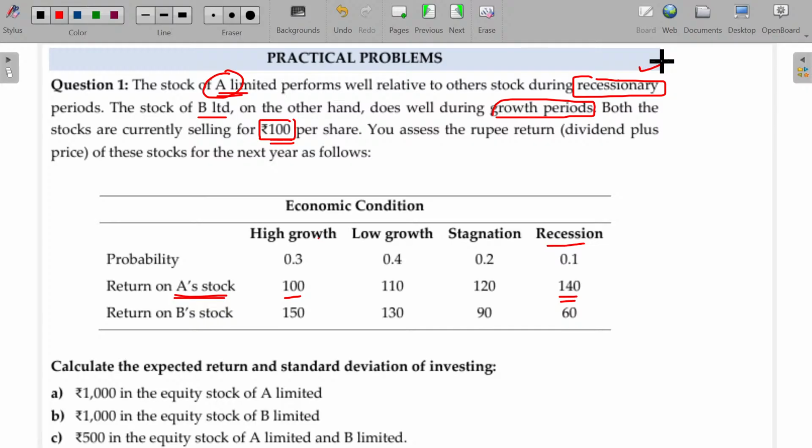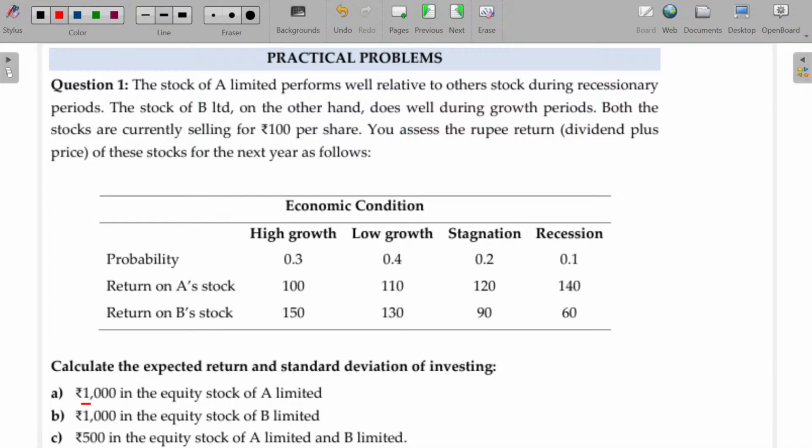In case of B, if you invest 100 and the economic condition shows high growth, your 100 rupees becomes 150. During the recessionary period, you will get only 60. What you can do is invest the entire 1000 rupees that you have for investment purposes.